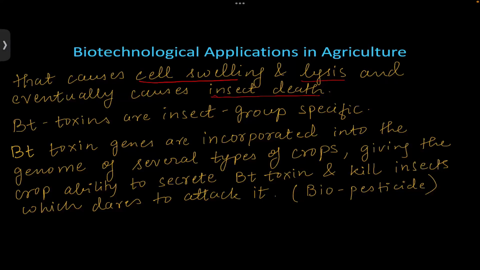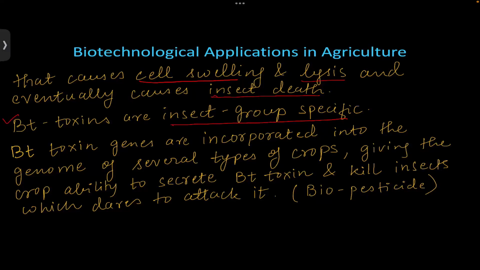So as I told you, there are varieties of Bt toxins for killing various kinds of insects. What this means is that Bt toxins are quite insect-group specific. Bacillus thuringiensis is a type of bacteria, and this bacteria has various kinds of strains. Each kind of strain will create a variety of Bt toxin, and that variety of Bt toxin will be effective against a particular type of insect.